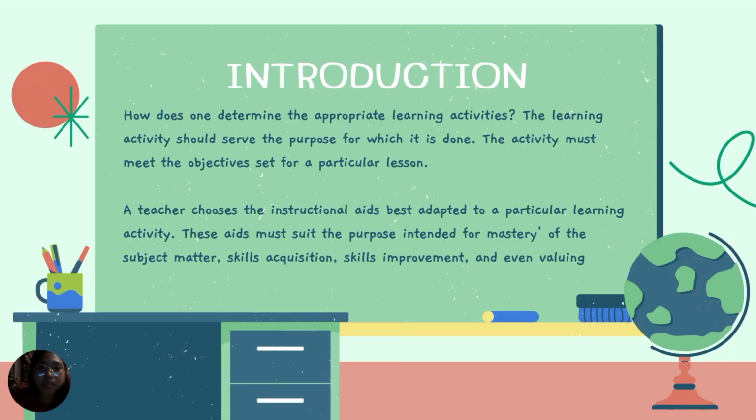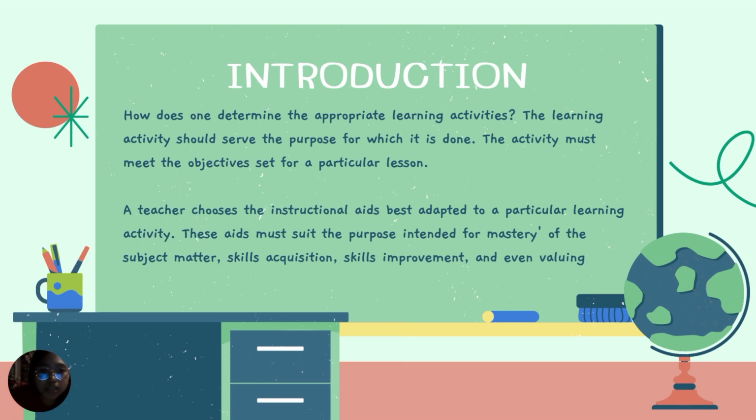Let me read the introduction of our discussion proper. How does one determine the appropriate learning activities? The learning activity should serve the purpose for which it is done. The activity must meet the objective set for a particular lesson.